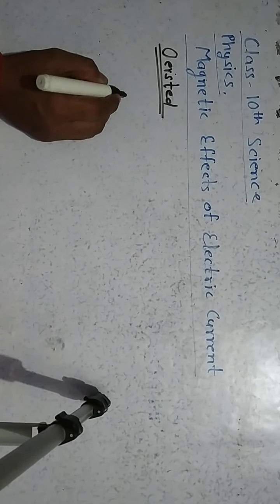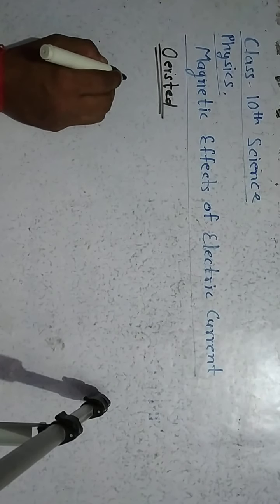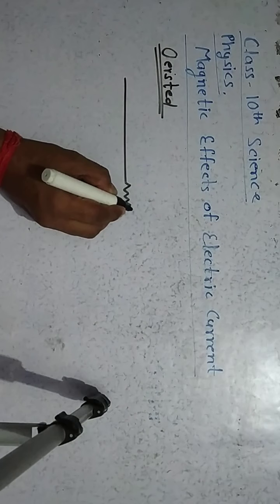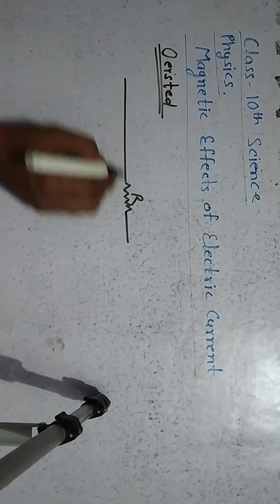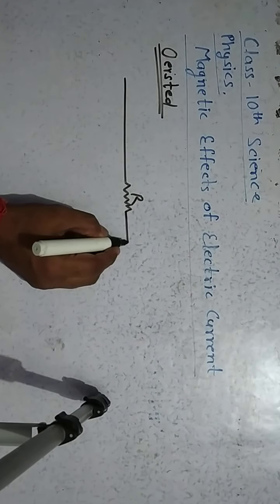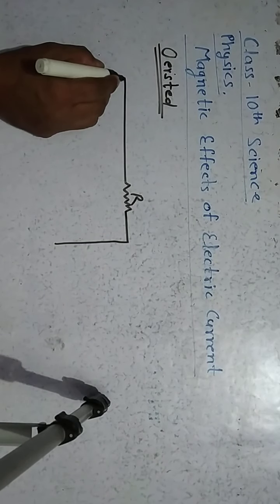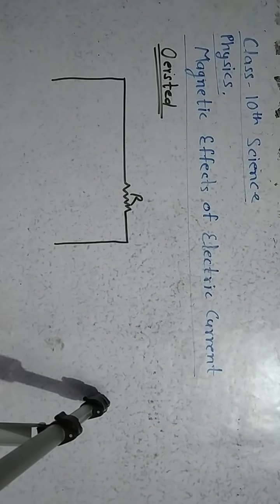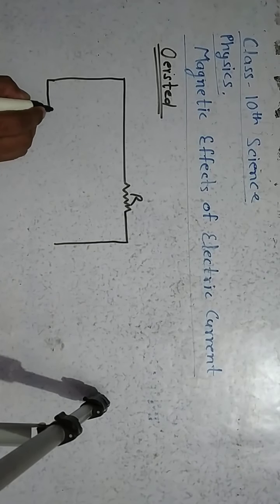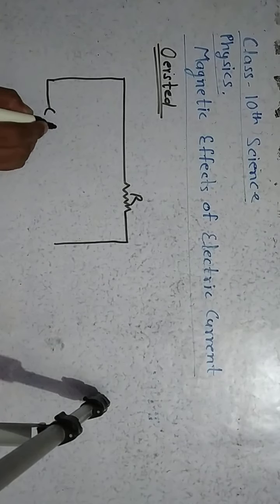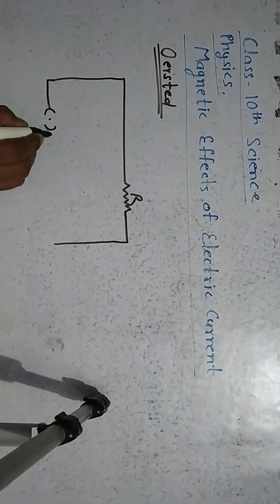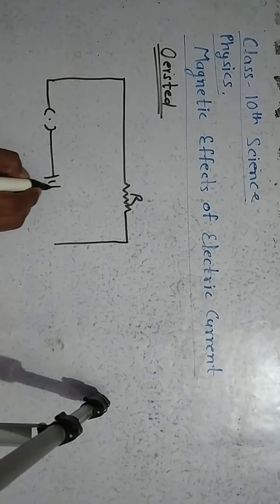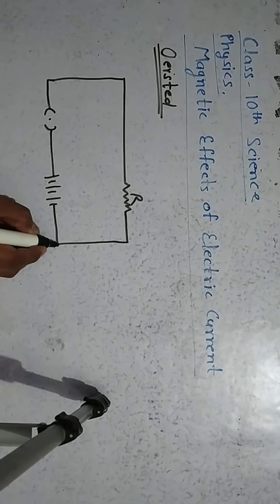That experiment is like this, the circuit. This is the resistance. There is a key, and this is our battery.